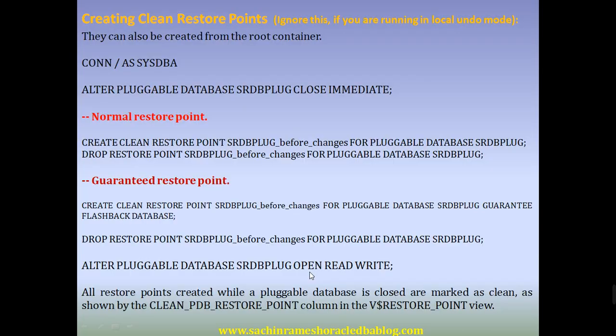It's open. So all restore points created while a pluggable database is closed are marked as clean, as shown by the clean PDB restore point column in the $v restore point view. Okay, you can see the $v restore point view, clean PDB restore point column. Okay, cool.